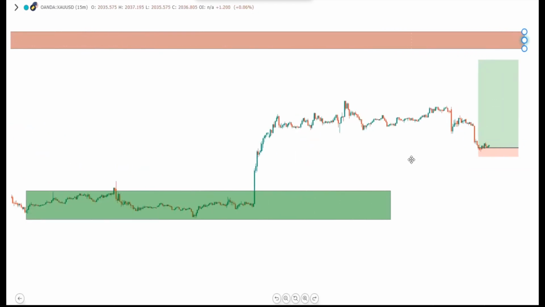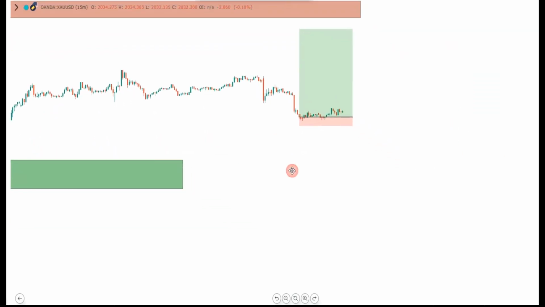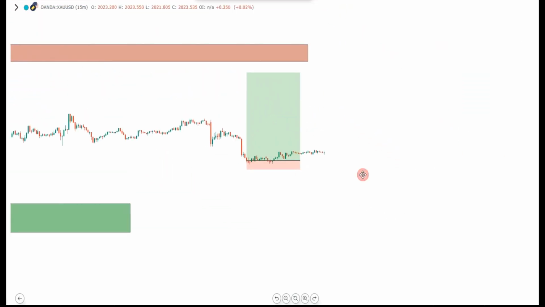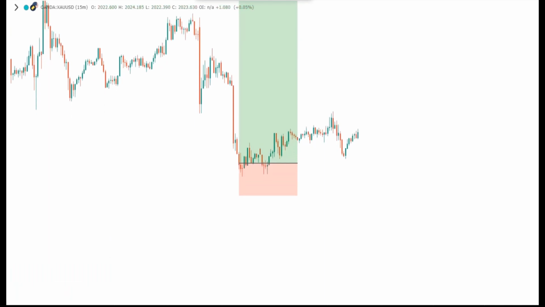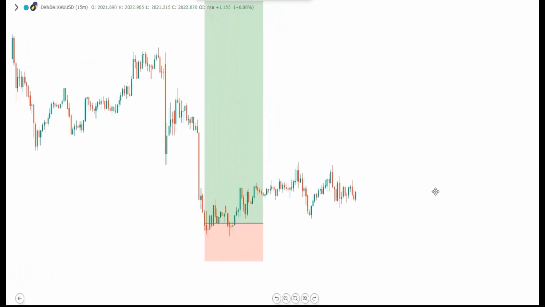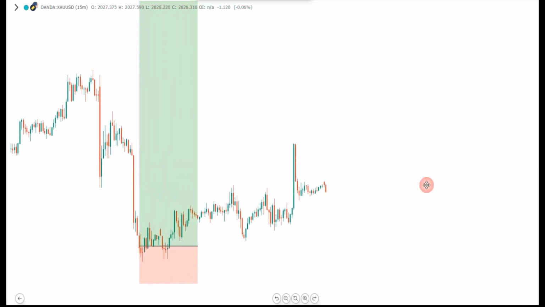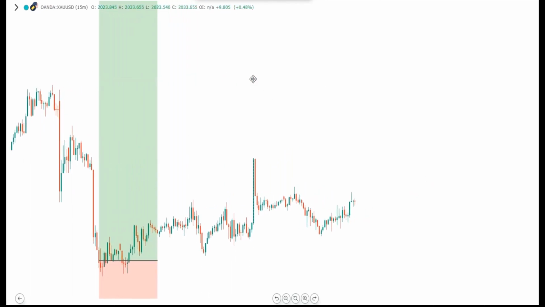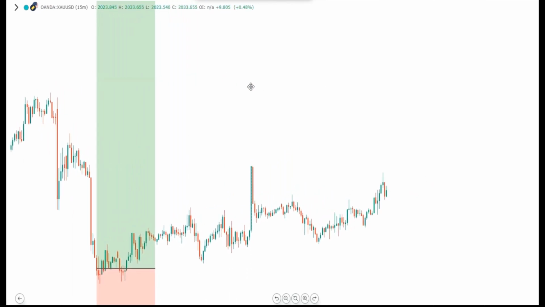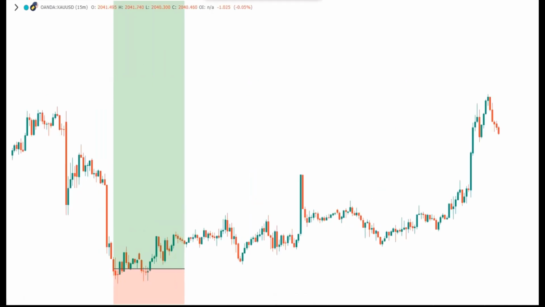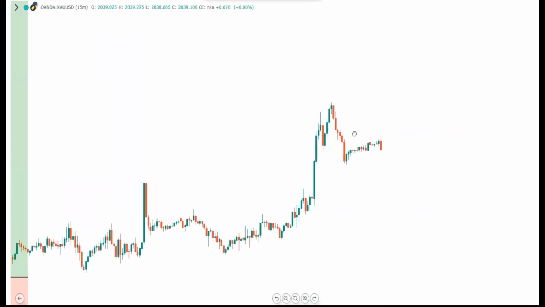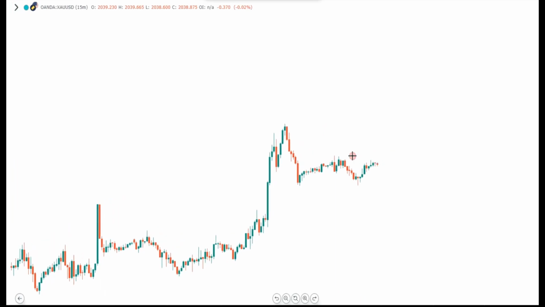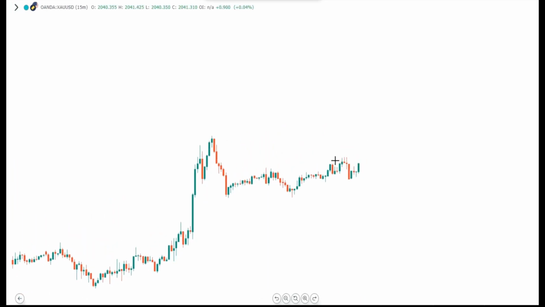Then, we wait for a break of structure and trend, allowing us to enter a buying position again when the price returns to the order block. We continue this process until the price reaches the main supply area.